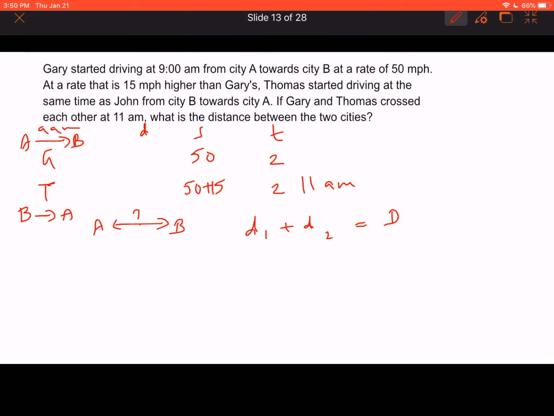With that in mind, we'll start writing. It is 50 times 2 plus 50 plus 15, which is 65, times 2. So the answer is 230 miles. This is the distance between the two cities A and B.